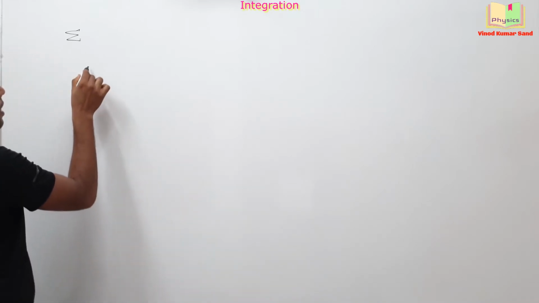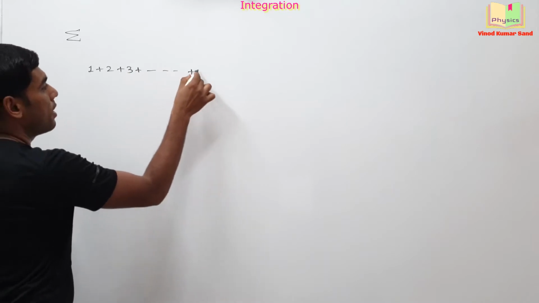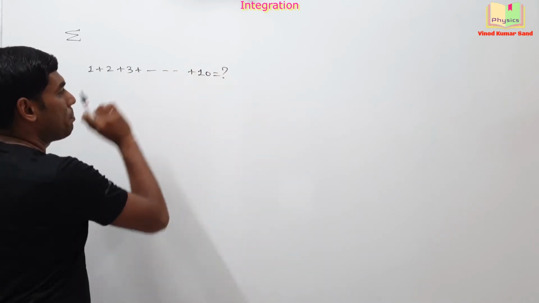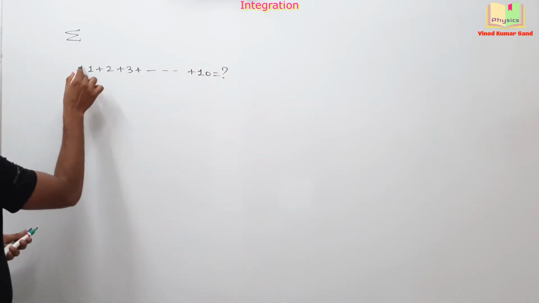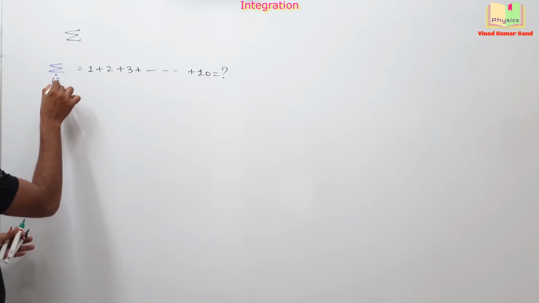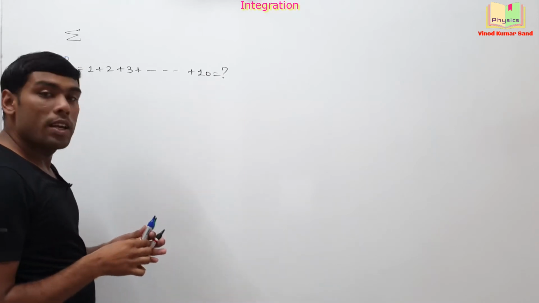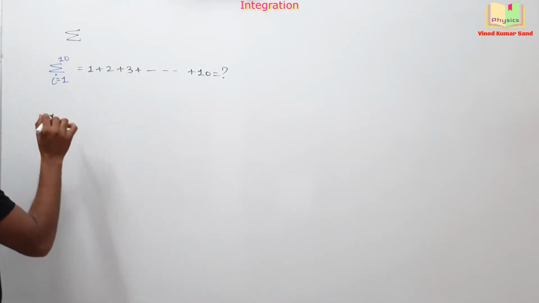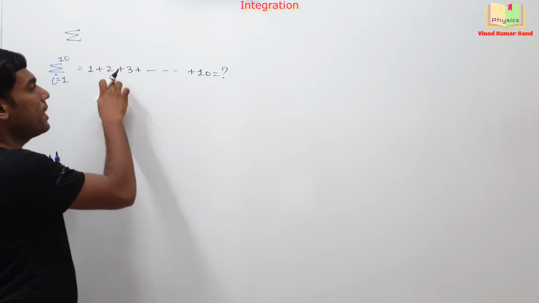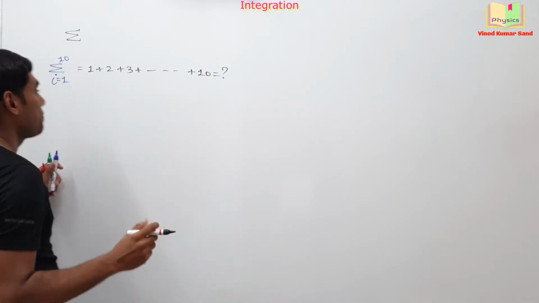For example, 1 plus 2 plus 3 up to 10. Let's say we want to sum up. Then this will be represented as summation or sigma i is equal to 1 to 10. Getting it? So you can note it down. For summation of the discrete values, we use the operator sigma.